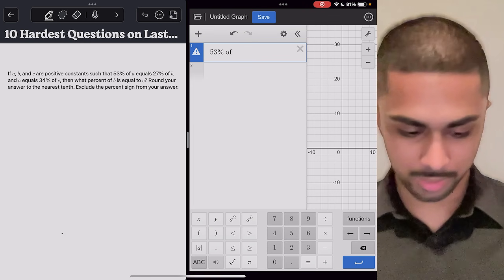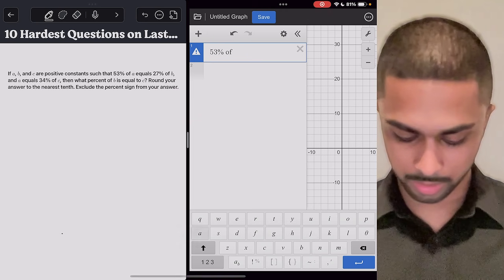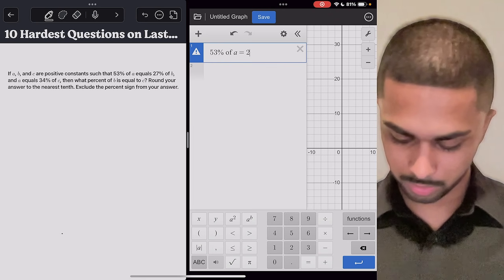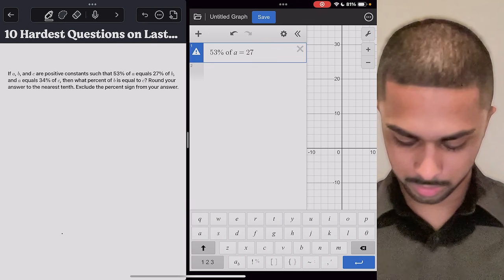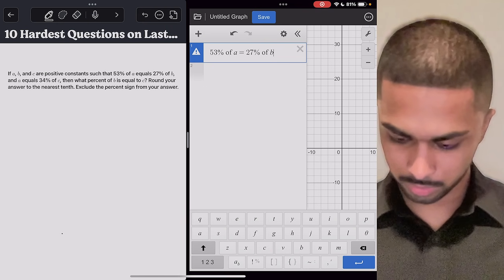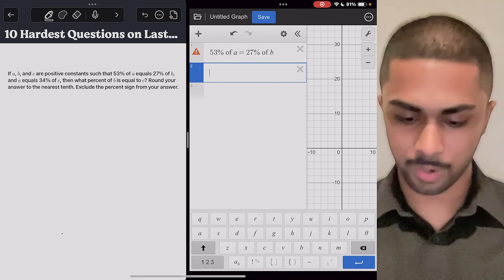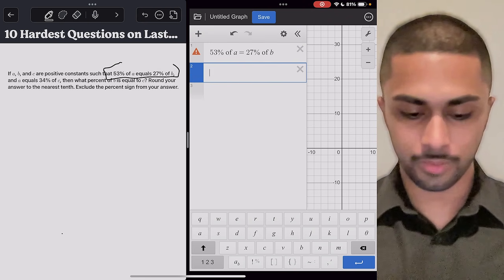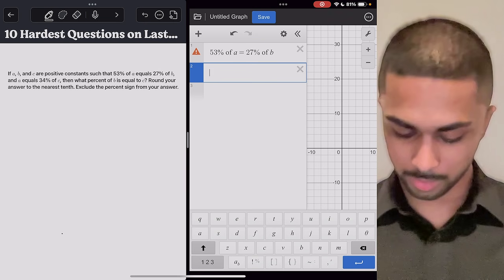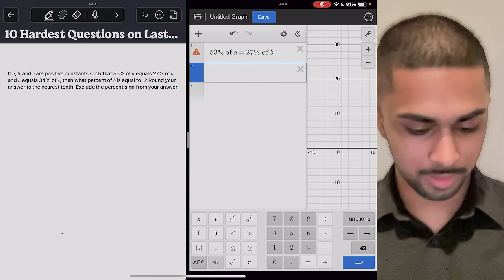So let's type in this first equation. Okay, perfect. So we just typed in 53% of A equals 27% of B. And we literally typed in percent.